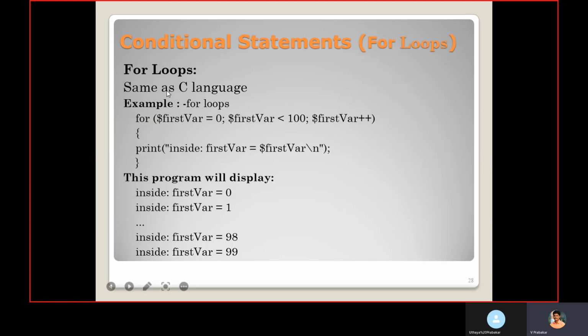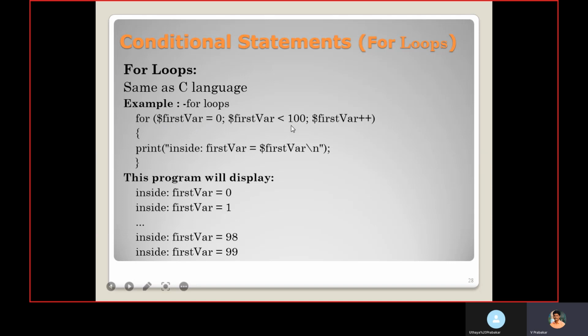And the for loop is the same as the for loop in C language. First, we need to initialize the value for the iterator variable. Here we mention first VAR as a scalar and assign value 0.